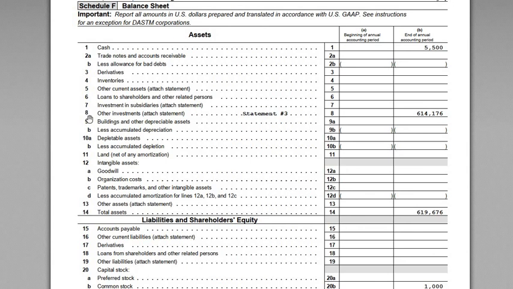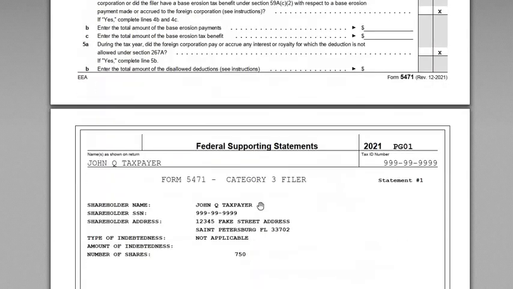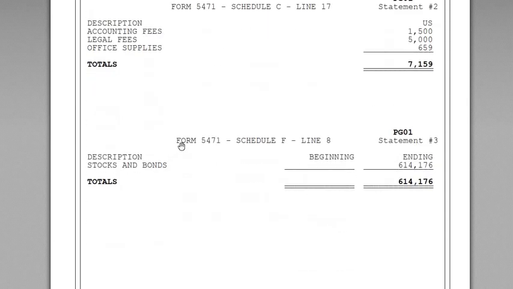So in this example here, we have line 8, statement 3 for the investments is $614,176. So if we go down to our statement 3 here, you can simply see the reference form 5471, Schedule F, line 8, stocks and bonds, right? So just stocks and bonds, the beginning balance, the ending balance.